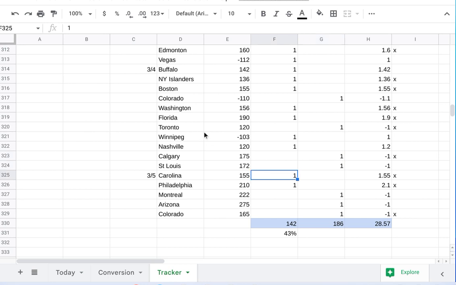Let me write it down so you can see it. So that's the money line. You lose that game, you're down 1.51 units. You win the next one, you're still in the hole. You win the next one, now you're profitable. But what's the win percentage there? 67% in order to turn a profit after that minus 151 line.